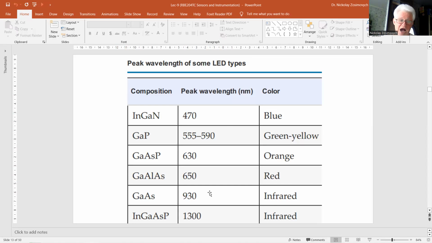These colors are obtained by small additives of other materials. The optical bandwidth is the wavelength interval at 50% relative intensity. LEDs have optical bandwidth in the order of 20 to 50 nanometers. A laser diode is much more monochromatic, with optical bandwidth of only 1 nanometer.